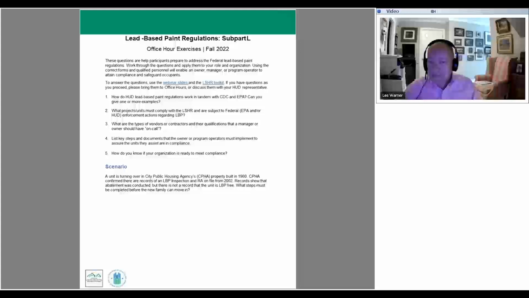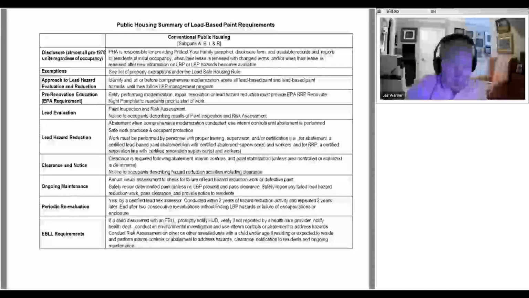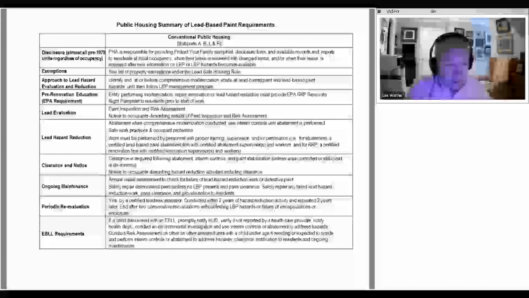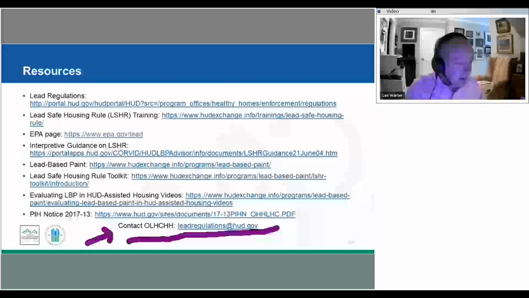Bruce was asking if you could talk a little bit about RRP and how it applies to public housing authorities. Well, we've got a handy slide somewhere that does a side-by-side on this. RRP does apply to housing, and it applies to the contractor.